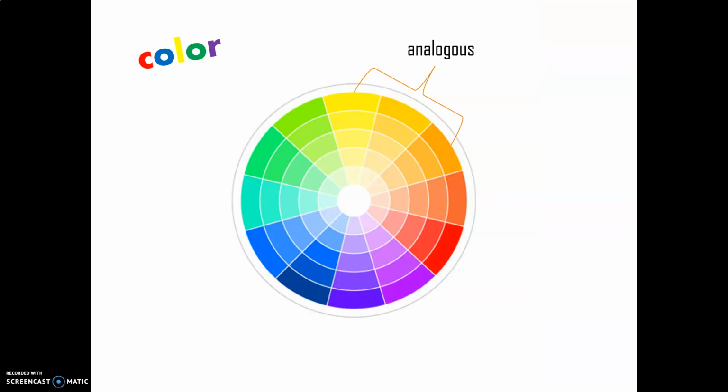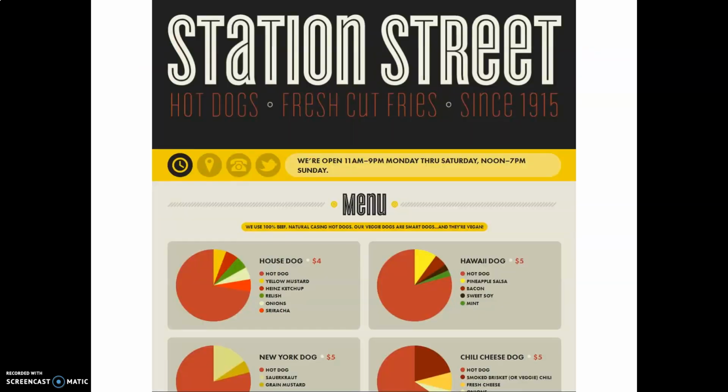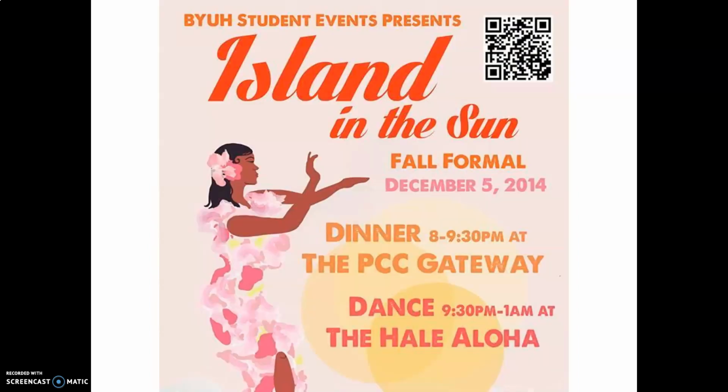All right, the second way that you can use color is analogous color. So essentially hues that are related to each other or close to each other in the color scheme. Here is a website selling hot dogs that uses analogous color schemes. It's using all reds, oranges, and yellows, and you can see how striking that is. It really makes it visually interesting. Here is an old BYU dance, fall formal.